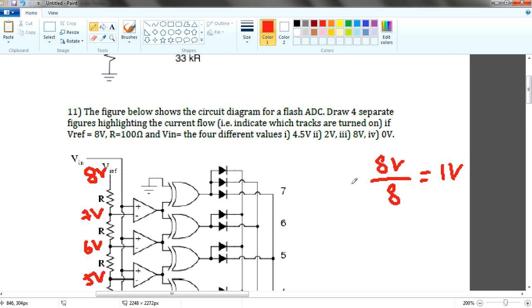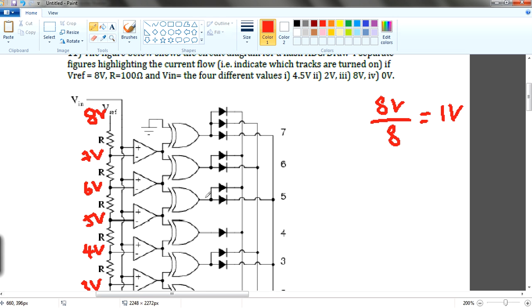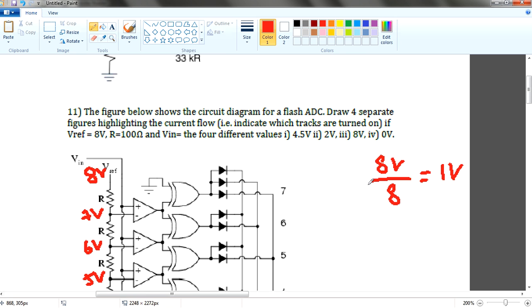And then they may ask you to find the current across this. From here you can know that the current is the same. No, not the same. If they ask you to find the current, the current is not the same in series, they have to add up.